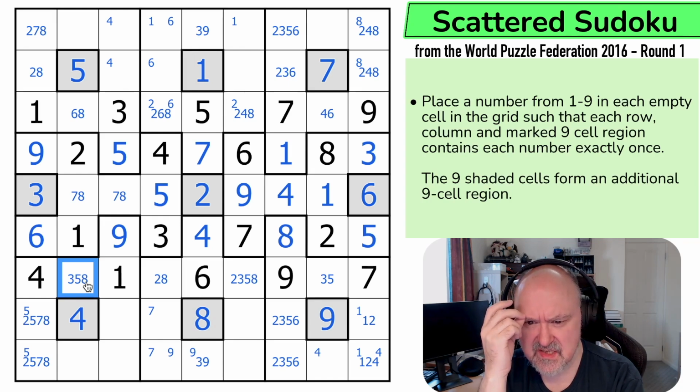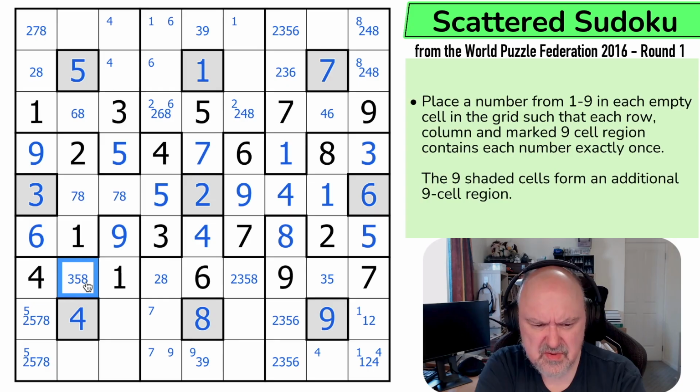Column 8, 3, 4, 5, 6. But I don't have anything in those cells. Oh, don't do this to me.